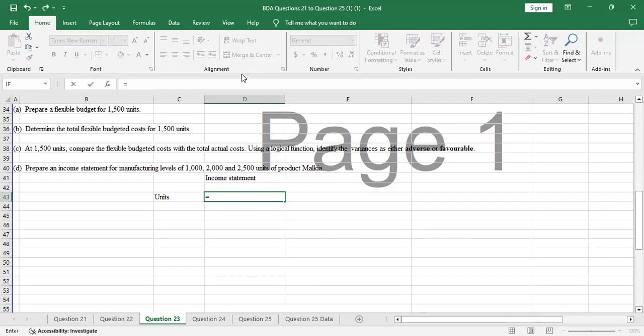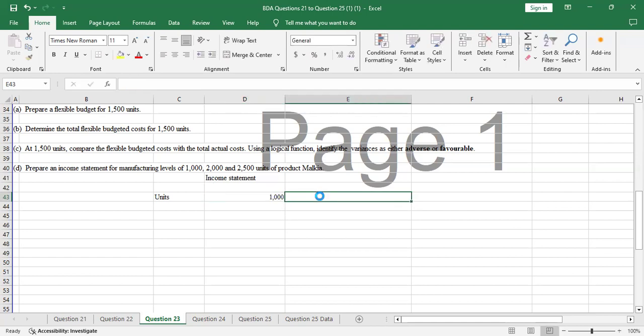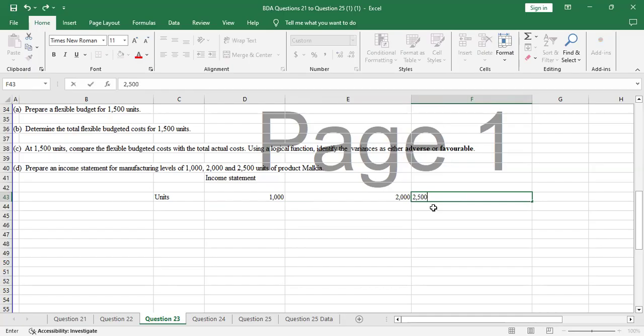So we'll have different categories: a level where we produce 1,000 units, a level where we produce 2,000 units, and a level where we produce 2,500 units.